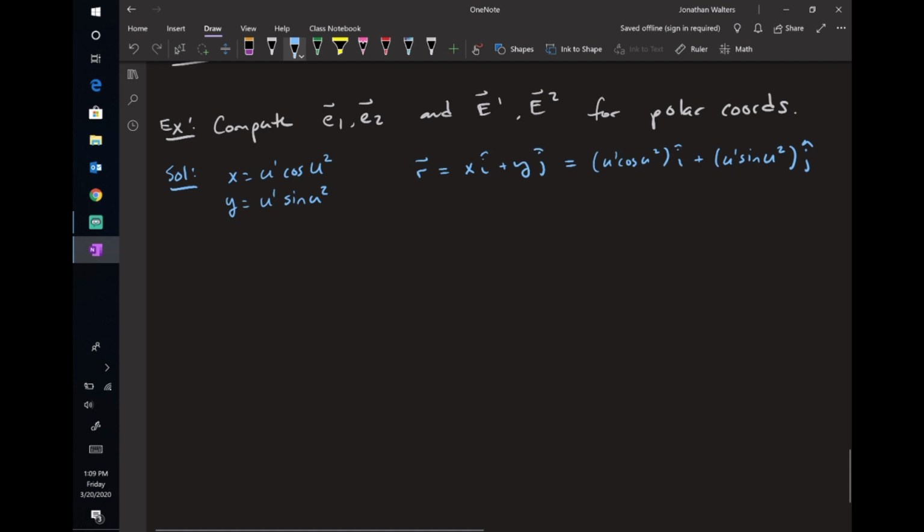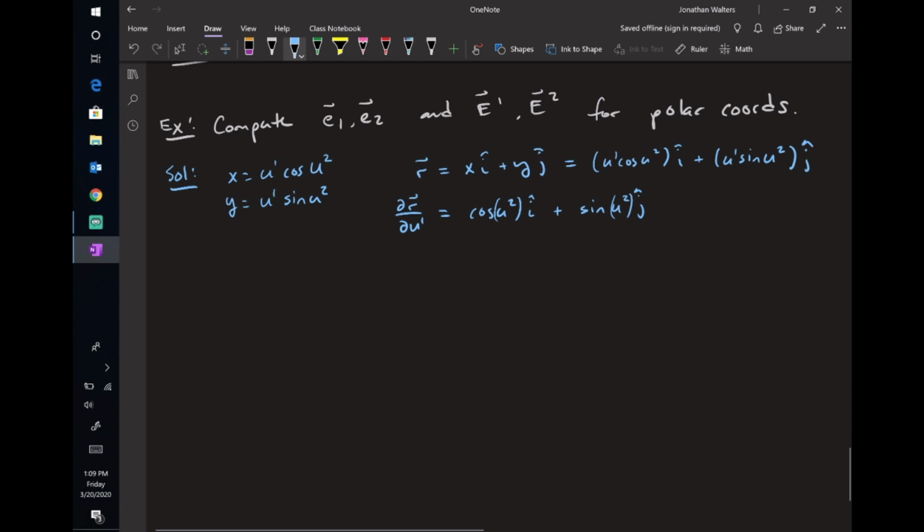Now, E1 is the derivative of r with respect to the first component. So partial r, partial u1 is equal to, so differentiate this with respect to u1, we just get cosine u2 i hat plus sine u2 j hat. Again, this is u2 as a variable, not u squared.